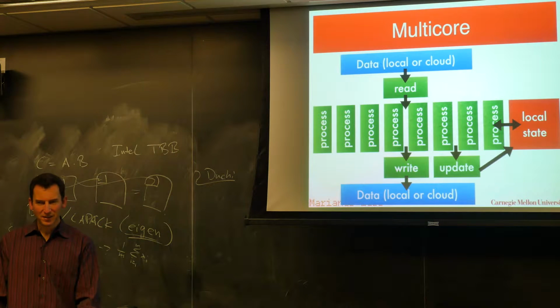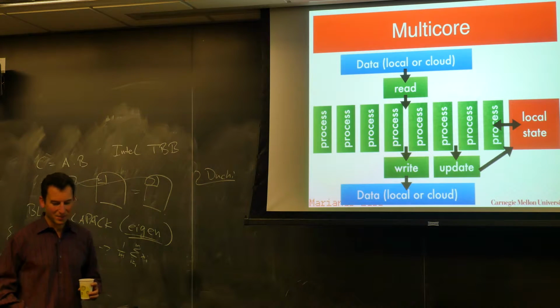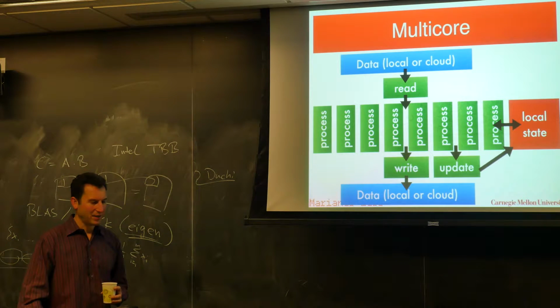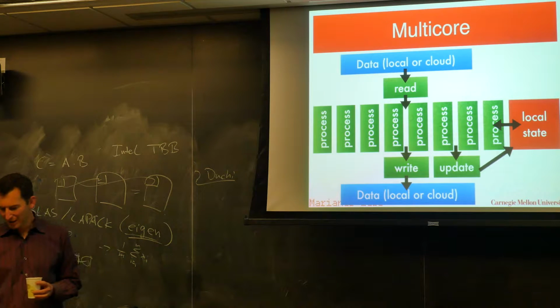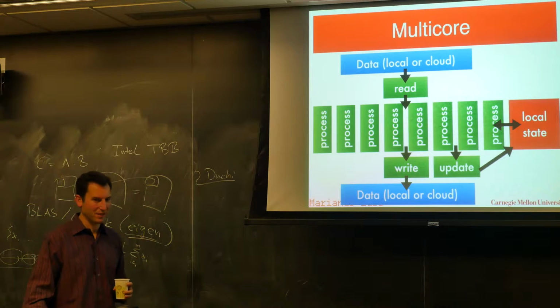Because processors per core aren't getting any faster. In machine learning we usually try to design algorithms that actually work in practice, right? And if I have a lot of data, then I will need multiple cores to process this. And if I don't have an algorithm that can efficiently run on multiple cores, then I'm dead. So this is why you actually do care in machine learning about this.